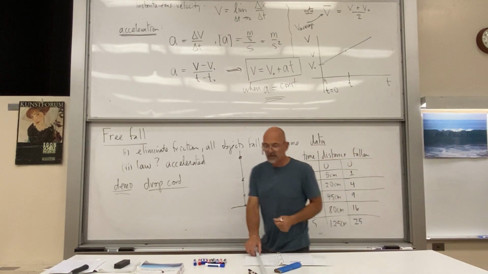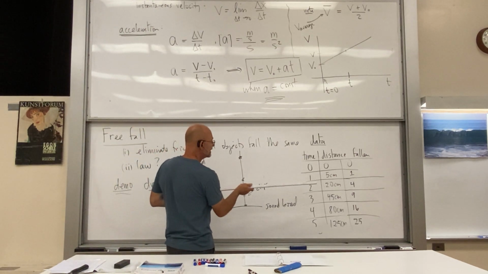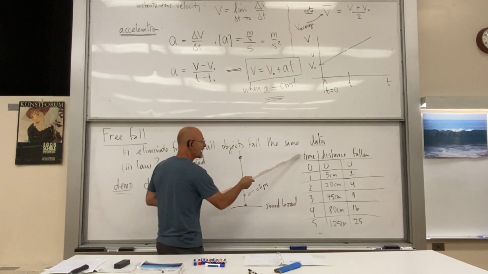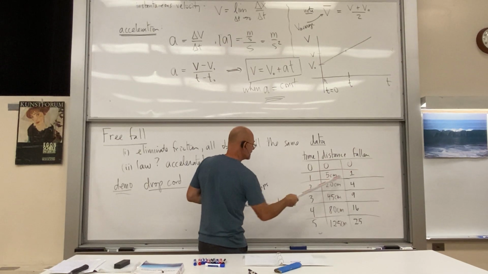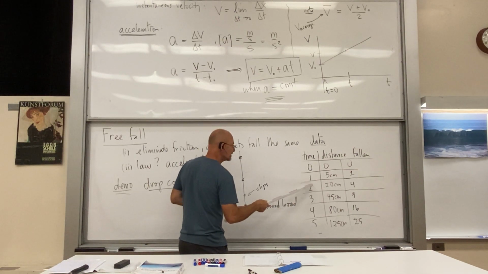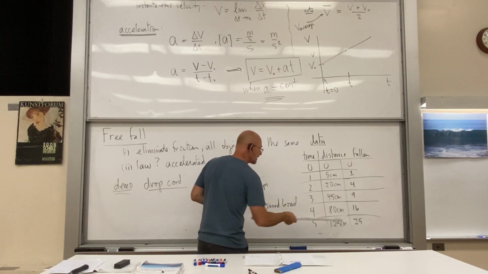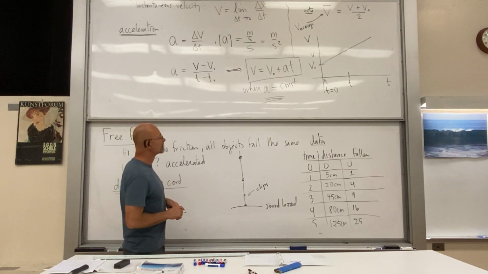And now the law is practically staring us in the face. You could say the distance fallen is like the time squared, because 1 squared is 1, 2 squared is 4, 3 squared is 9, 4 squared is 16, 5 squared is 25. And that is actually the law.